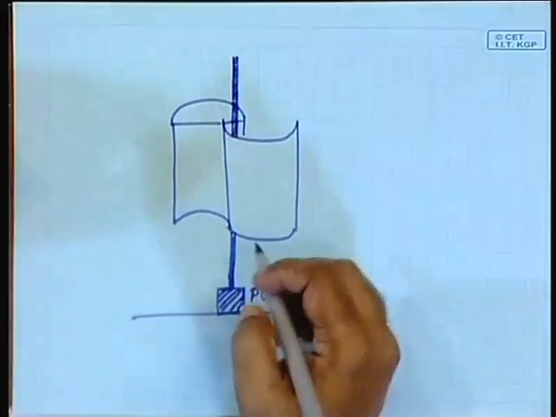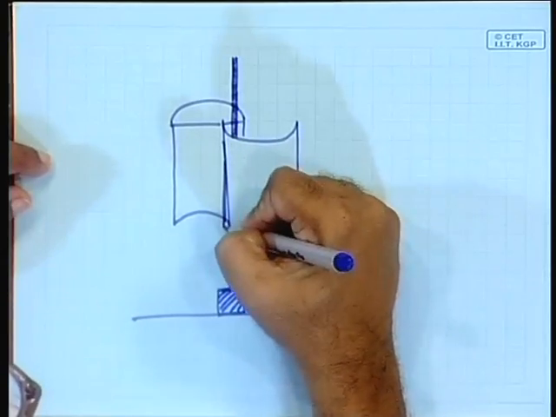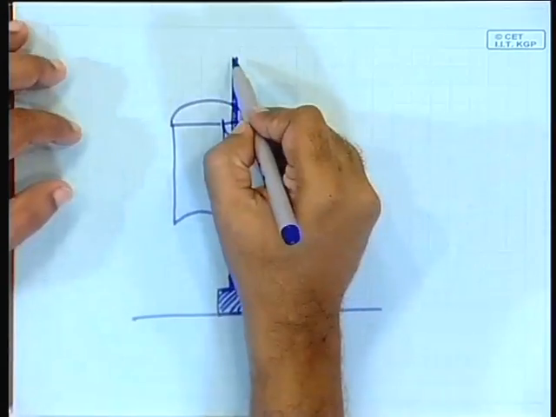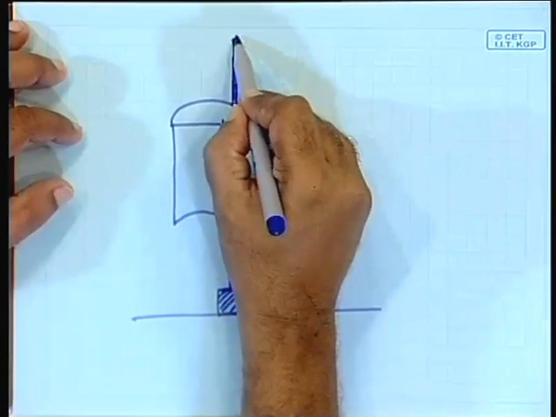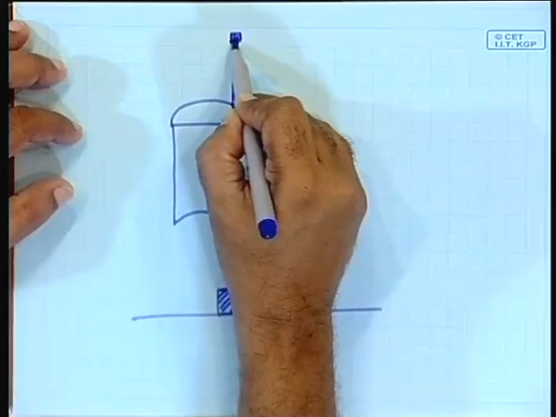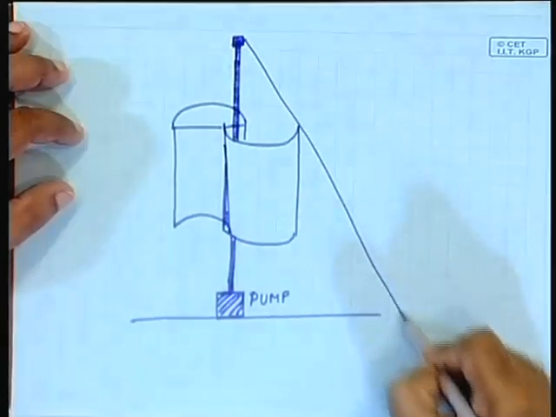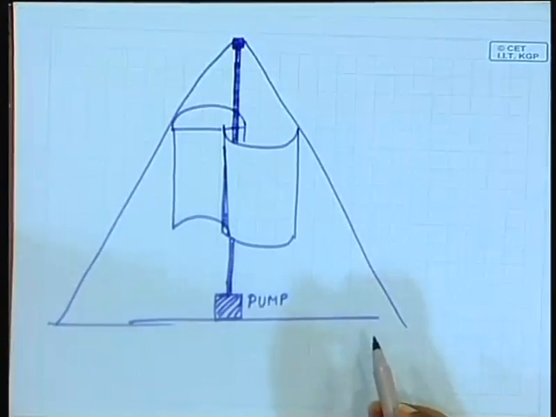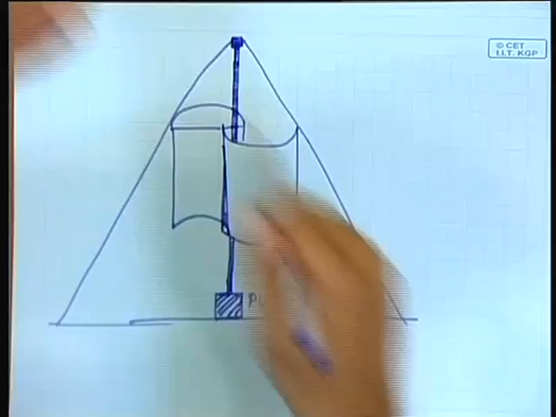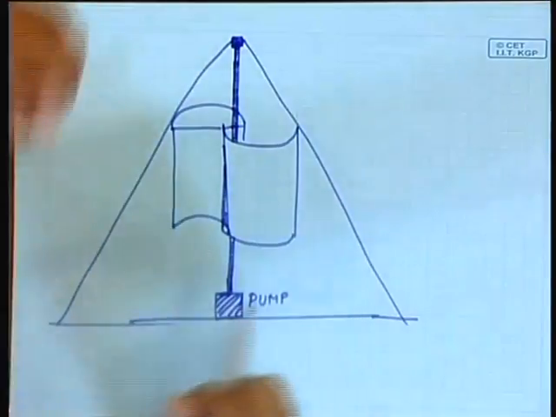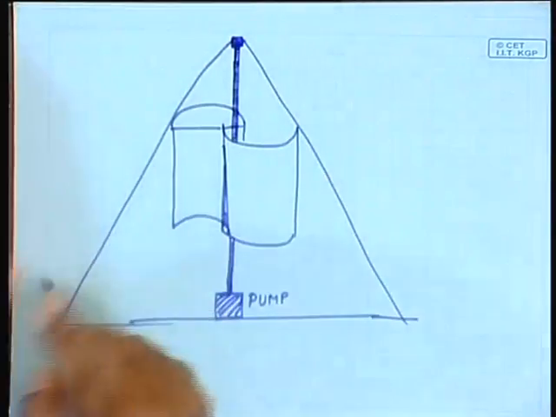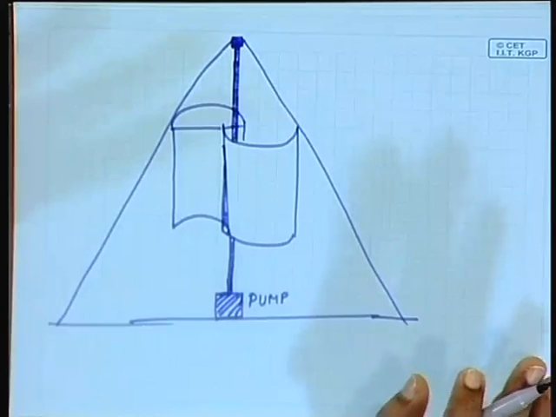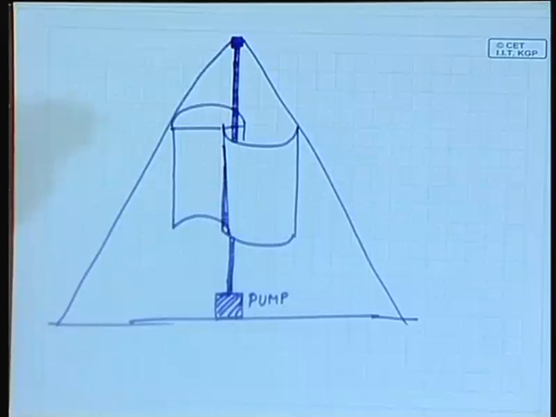Now the whole thing has to be, I have drawn it badly it seems, yes, the whole thing has to be kept vertical, and for that purpose at the top end there would be a hinge here with guy wires connected. These are simply wires to pull it in 3 different directions, and if these 3 are symmetrically arranged, then the whole thing remains vertical. So, that is the essential construction of the Savonius rotor.